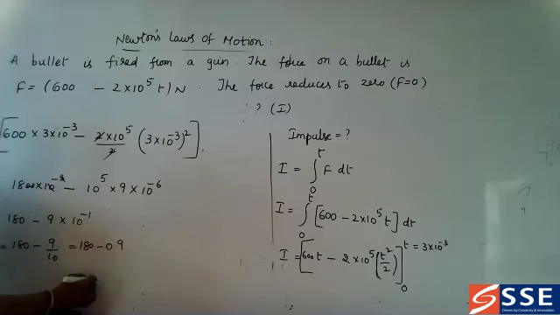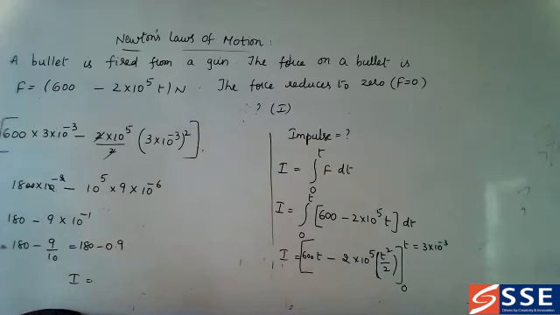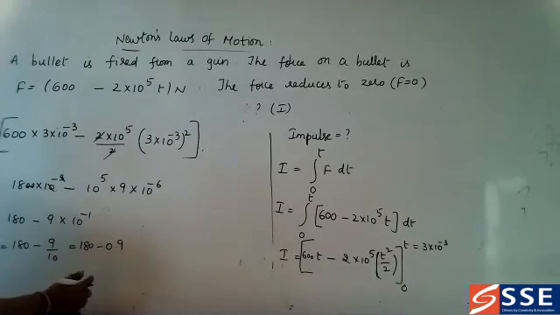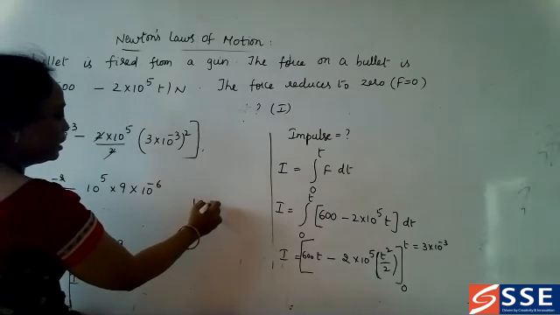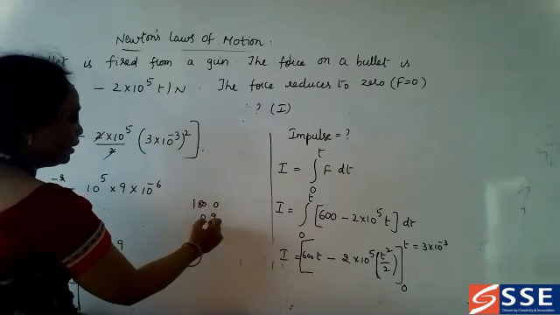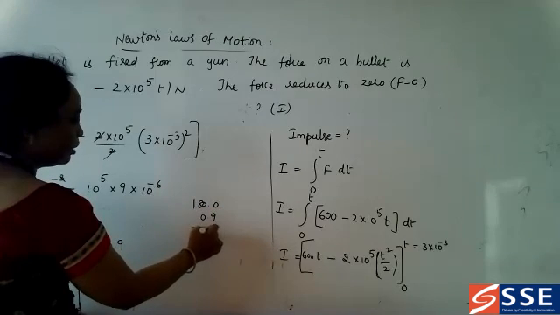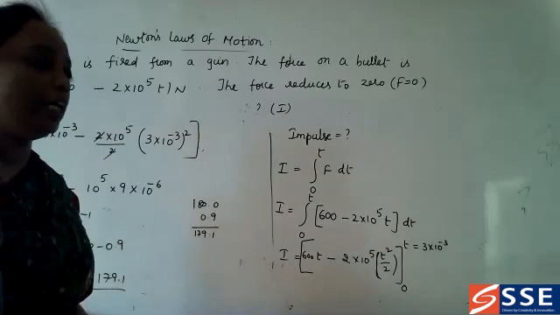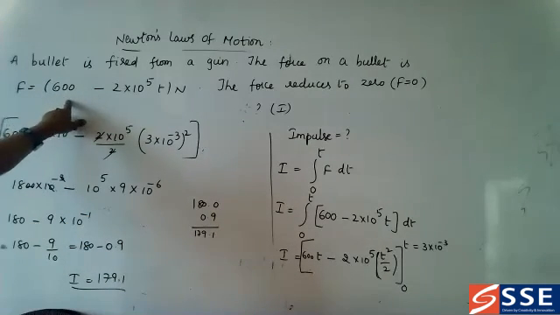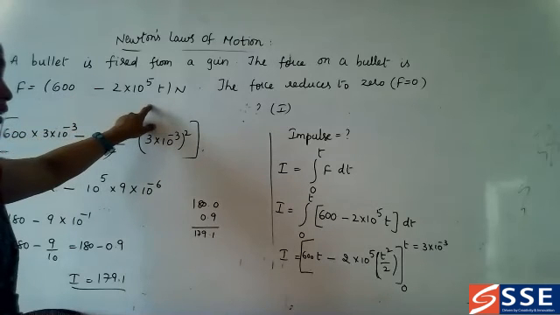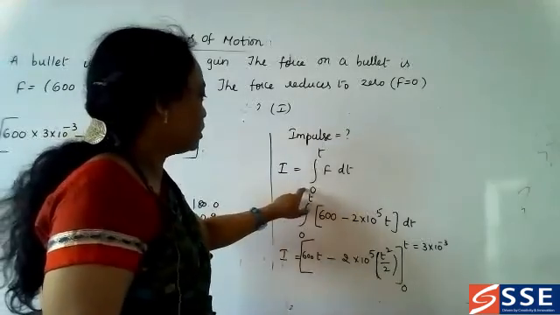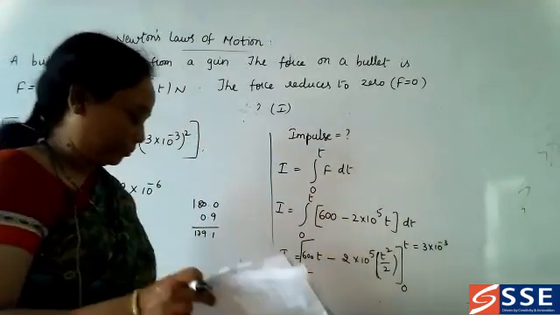If you subtract 0.9, 179.1 is the answer. So impulse like this, you have to calculate when the force is given in terms of time. I is equal to the integration of 0 to t of F dt.